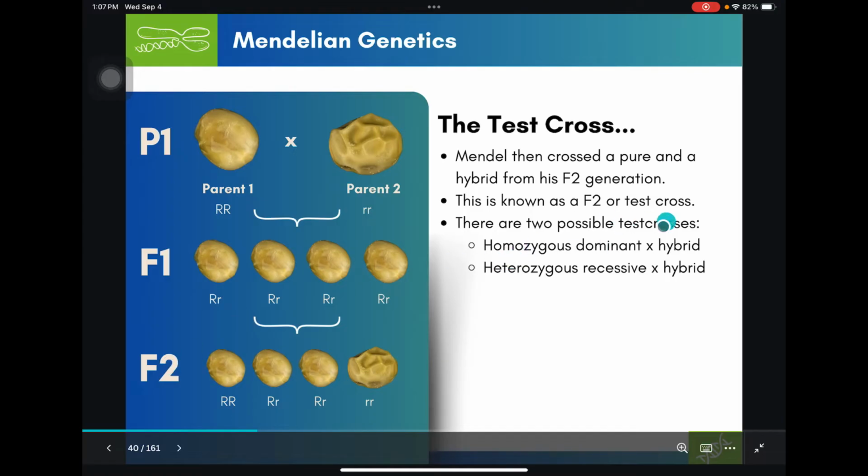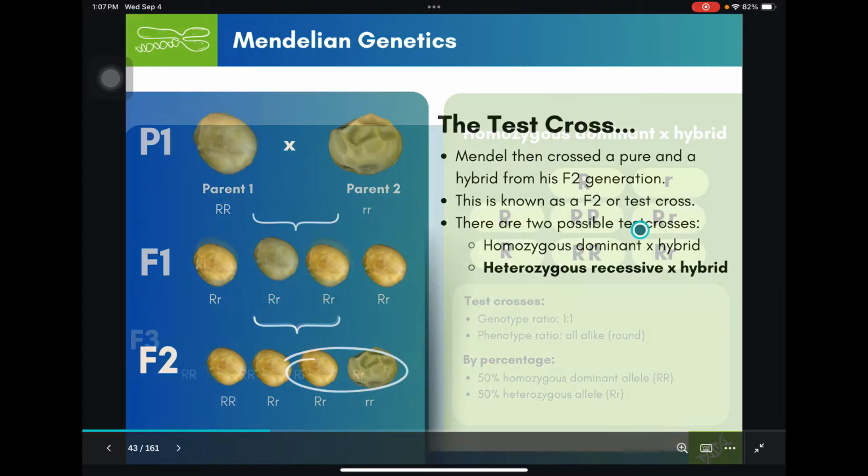So there are two possible test crosses here. One is between a homozygous dominant and a hybrid, or a plant containing the heterozygous allele, and one between a homozygous recessive and a hybrid.